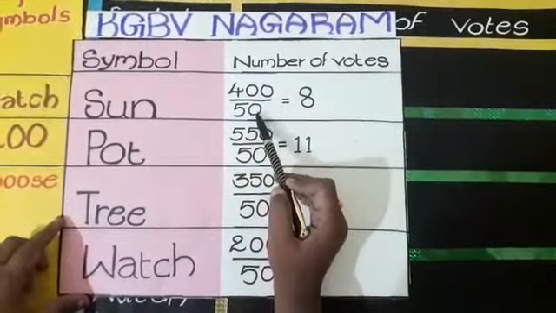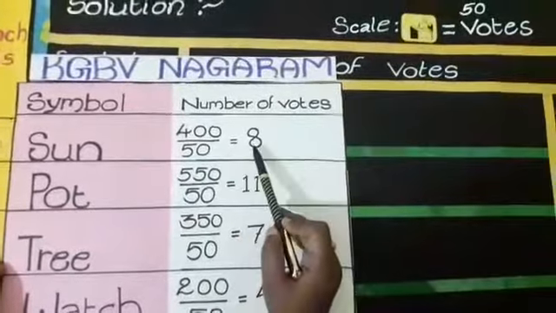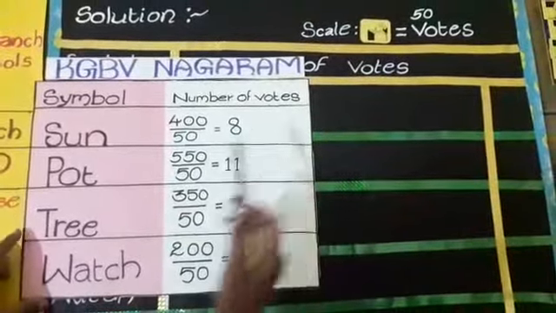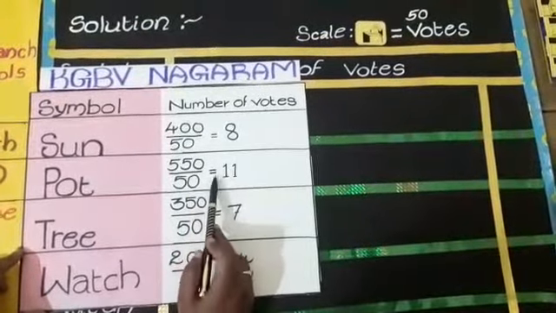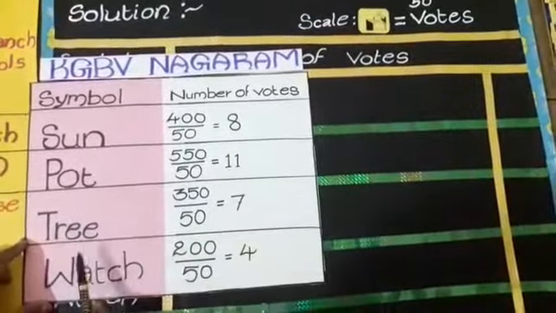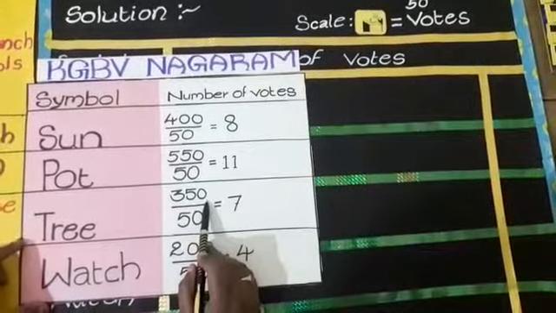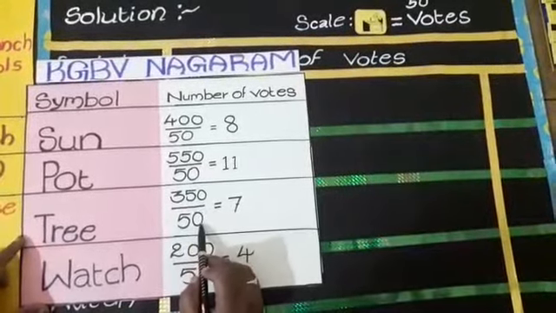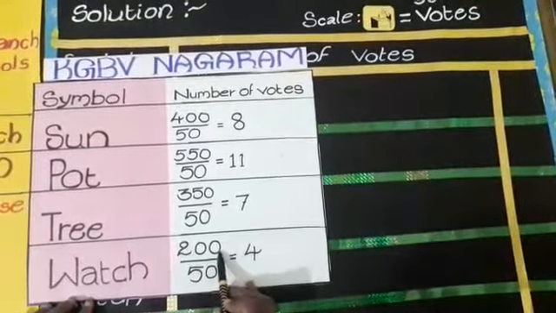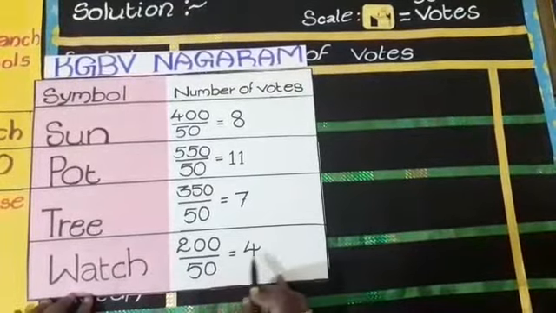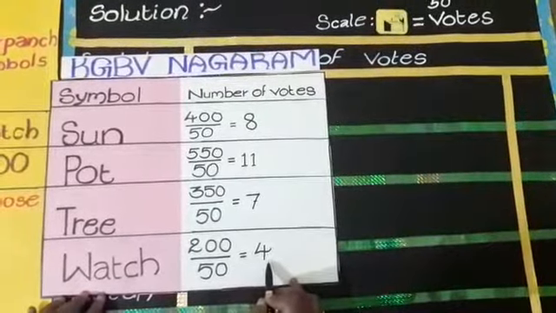That is 400 by 50 equal to 8 vote symbols. Pot, 550. 550 by 50 equal to 11 vote symbols. Tree, 350 votes. 350 by 50 equal to 7 vote symbols. Watch, 200. 200 by 50 equal to 4 vote symbols.